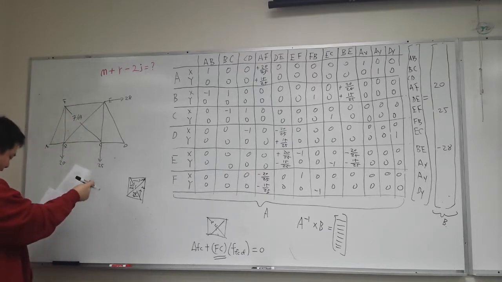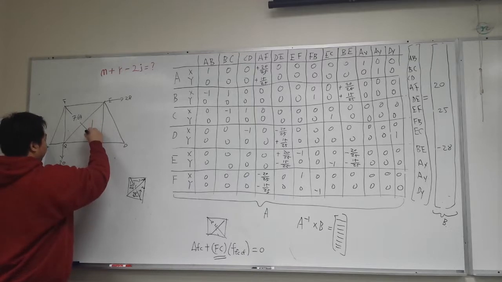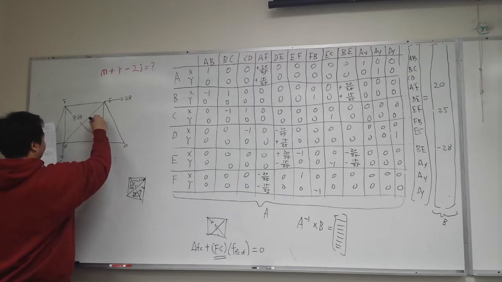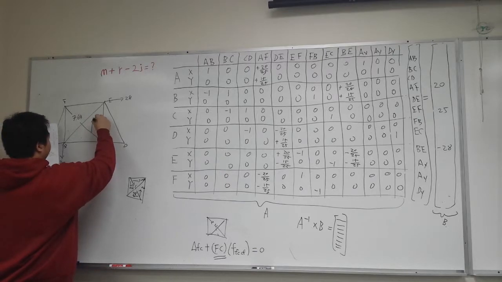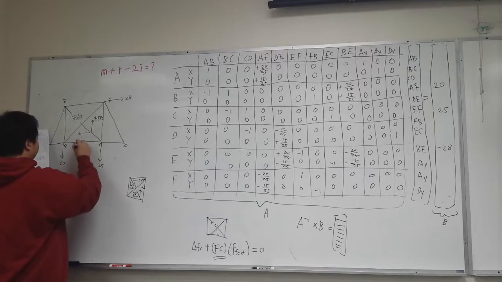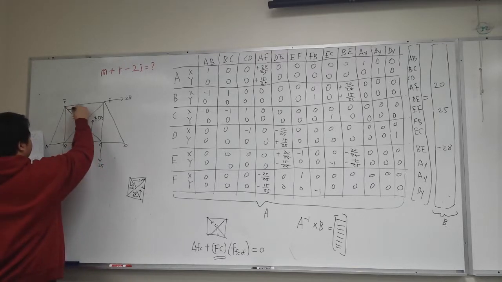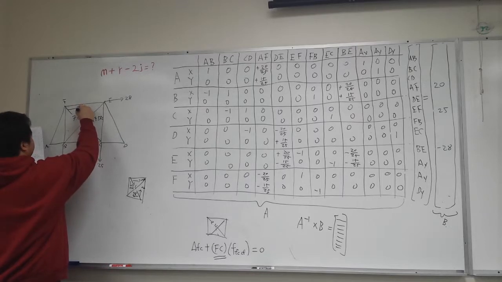If you do that, you're going to have 4.582, 6.112, same thing, 6.112, 4.582.